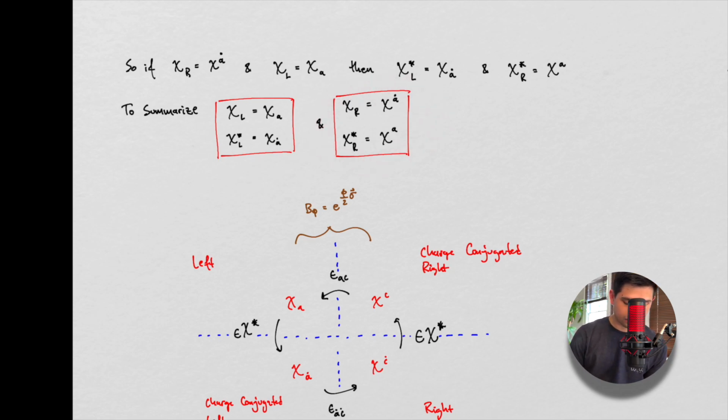Again, because through this relationship, we started off with this guy, and we said this later. So a charge conjugated, left chiral spinor is going to look like this, and then a charge conjugated right chiral spinor is going to look like this.